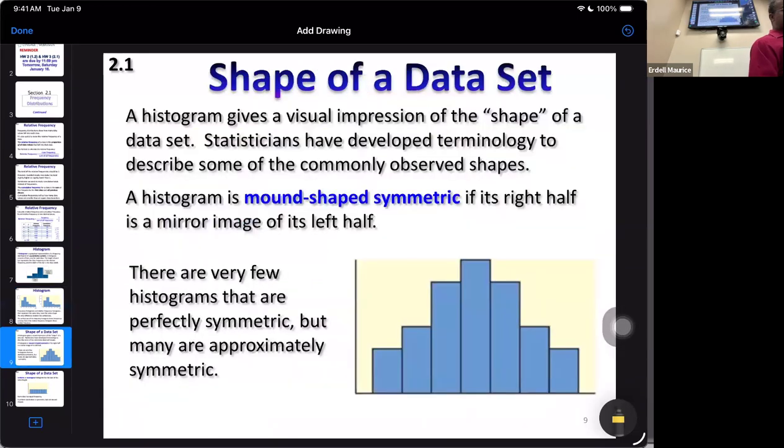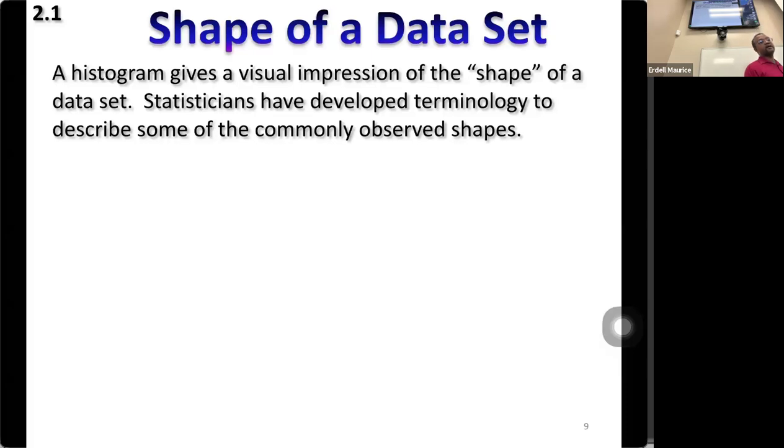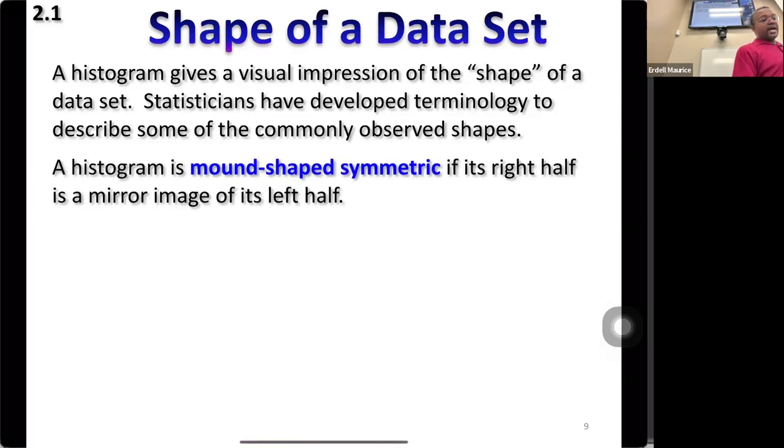All right. So that takes us to the shape of histograms. A histogram gives us a visual representation of the data set. Analyzing and understanding the shape of the histogram can give us an understanding of the data set. Generally, a mound-shaped histogram is said to be symmetric if half of the graph is on the left and half of the graph is on the right, and they mirror each other.